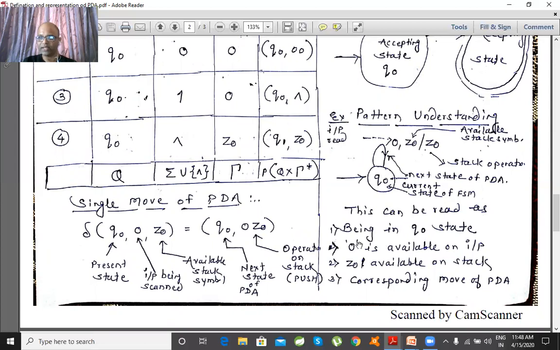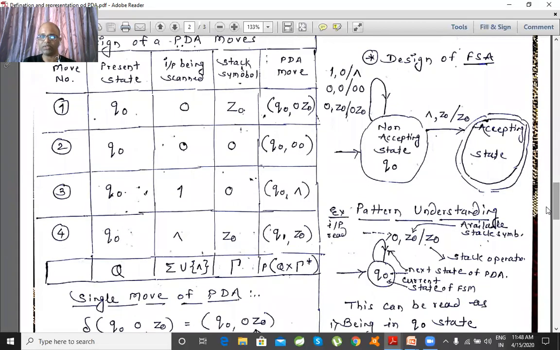So this can be read as: being in Q0 state, 0 is available on the input. If Z0 is available on stack, what is the corresponding move of the PDA? So this is represented by this table or with this state chart diagram.